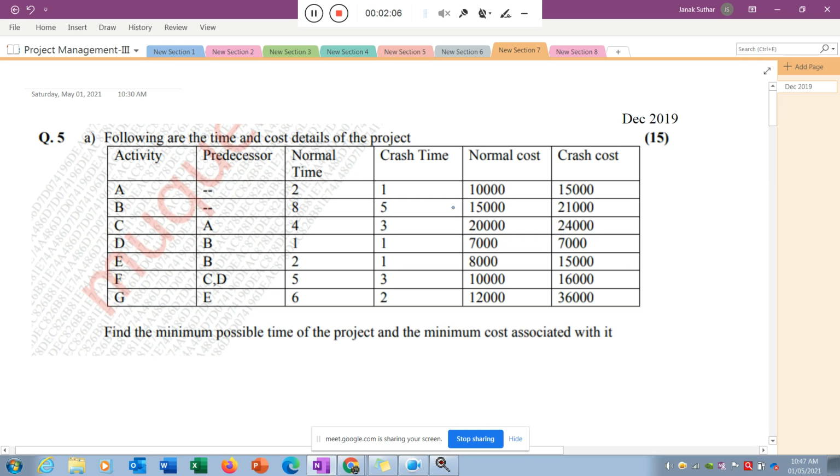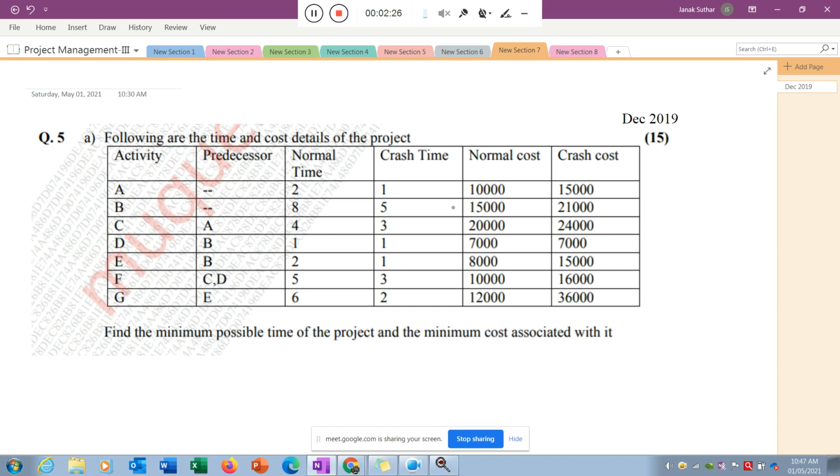Now, what is the first stage of the crashing? You need to identify the slope related to each activity. The slope will tell you how much the cost will increase if you reduce that particular activity by unit time.